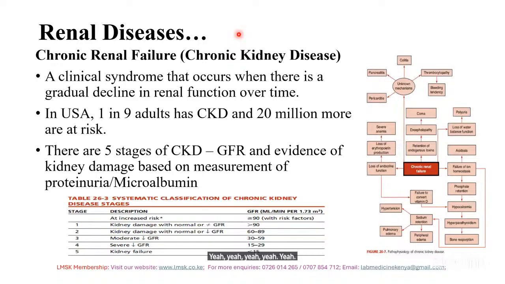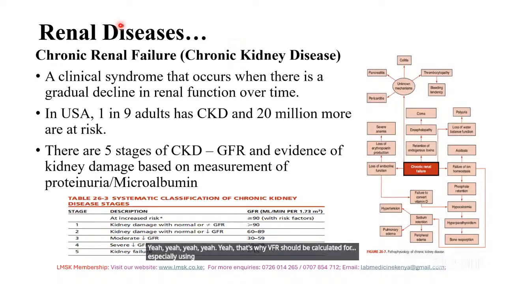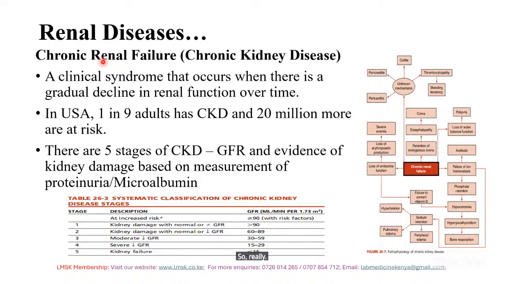That's why GFR should be calculated, especially using the formula, for people above 18 years. So rarely will you find someone who is above 18 years with a GFR of 300.